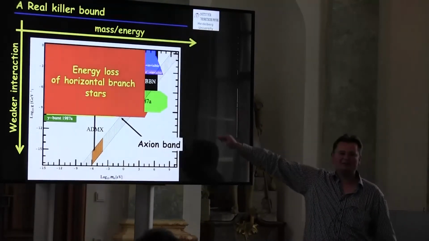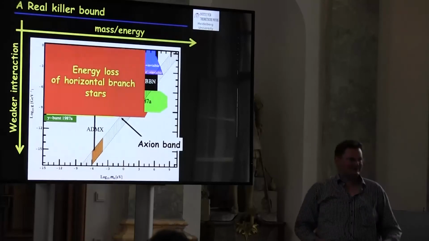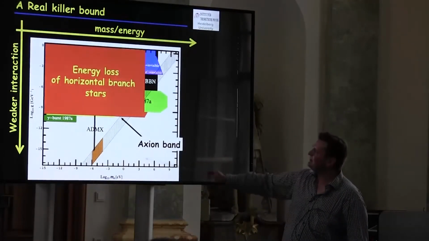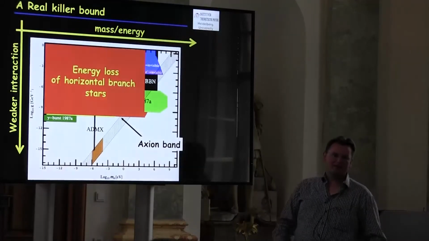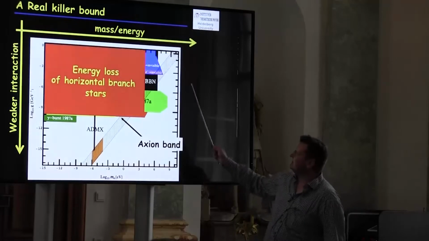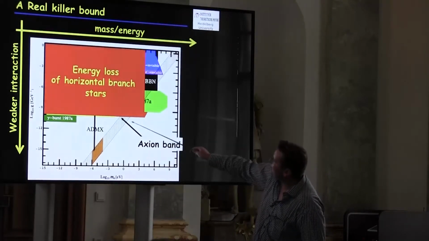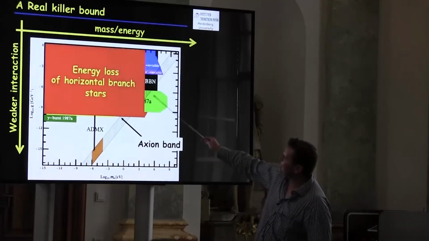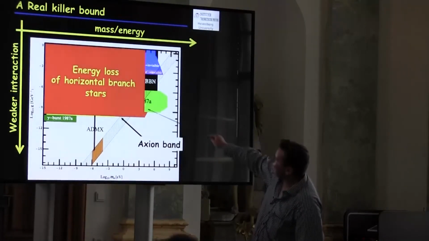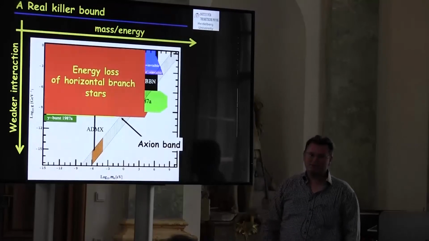And that nicely covers all those experimental efforts with one stroke, basically. It's 3 orders of magnitude better than this Large Hadron Collider experiment in its current stage. It basically also, because there's more energy involved, it's keV photons, covers all this axion region over here.